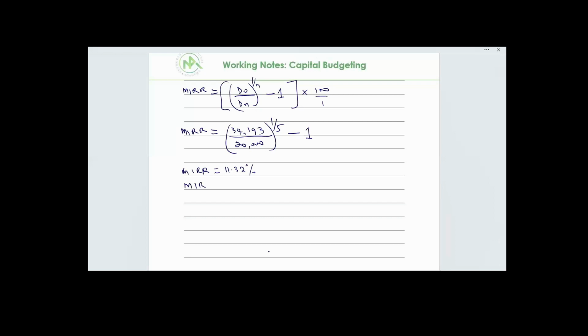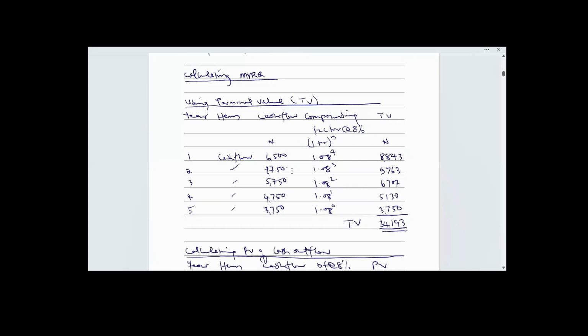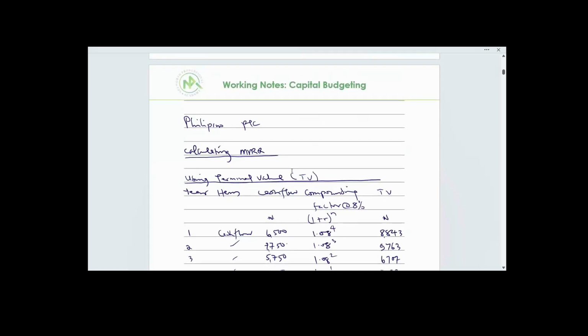Approximately modified internal rate of return is 11%. So this is how to calculate modified internal rate of return using terminal value method.